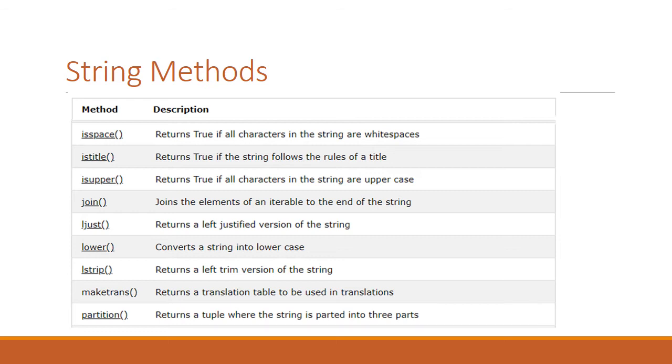The lstrip returns a left-stripped version of the string parameter. So lstrip is used to delete all the leading characters mentioned in an argument, and by default it will delete all the leading spaces. There's also a strip method and an rstrip method.